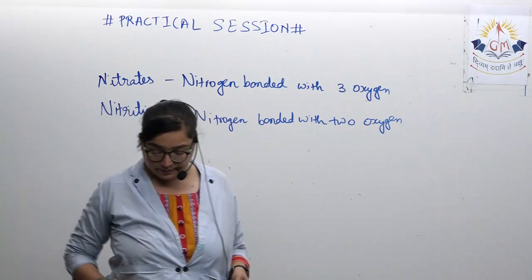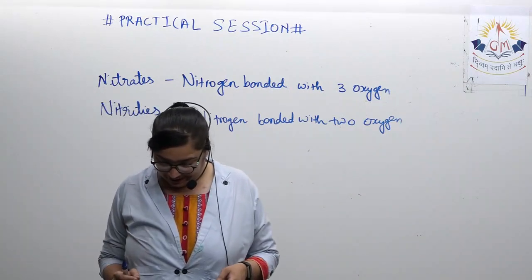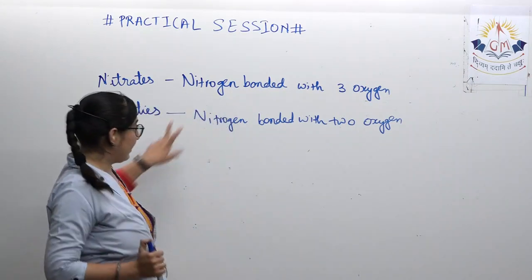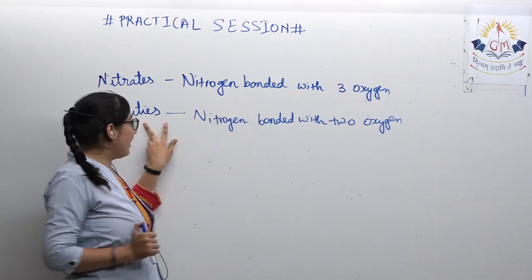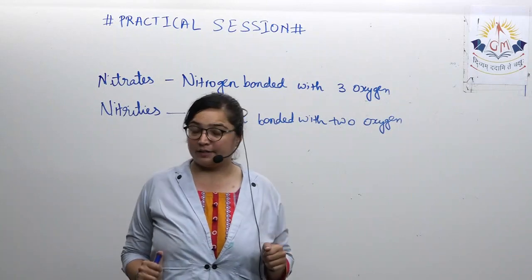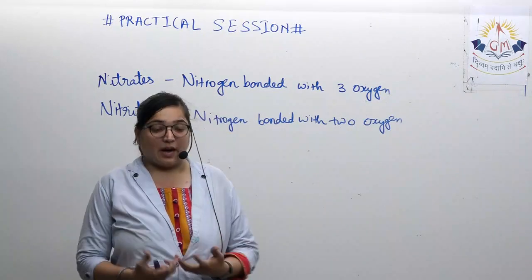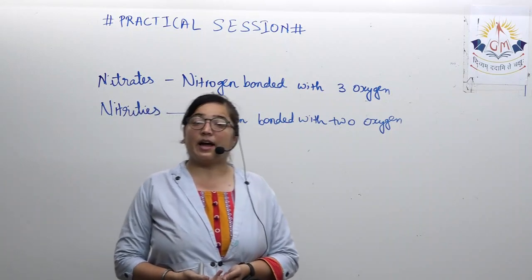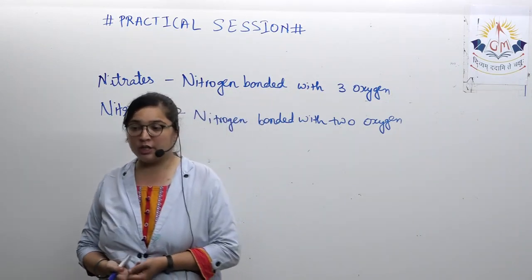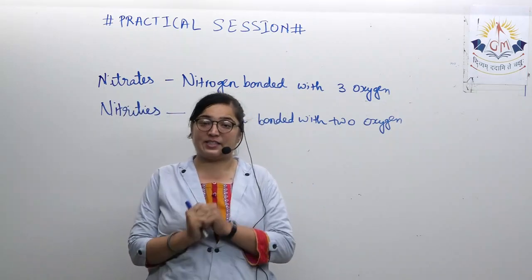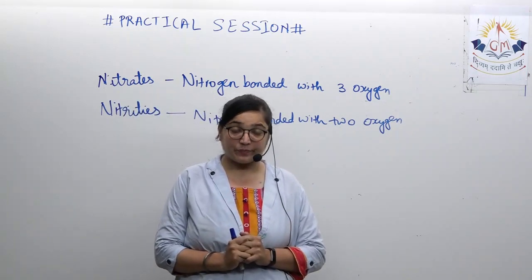Okay, once again, in nitrates, the nitrogen is bonded with 3 oxygen atoms, while in nitrites, the nitrogen is bonded with 2 oxygen atoms. You have studied about this fact in your nitrogen cycle, that we need to convert the nitrogen into nitrates and nitrites.